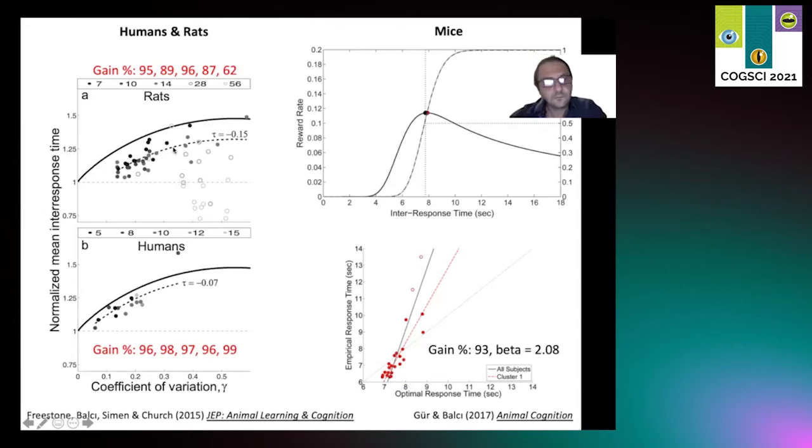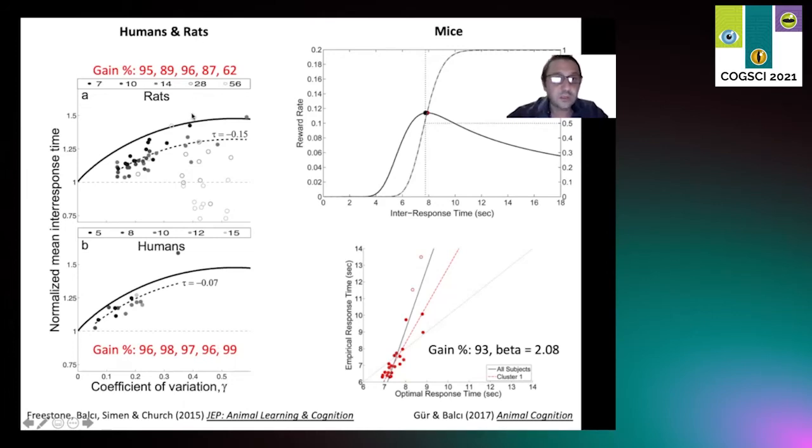You see a similar thing in humans. So in this task, we tested humans with instructions, again with different targets, with different DRL schedules. Individual participants, again, closely follow, with a bias, the optimal performance curve that is defined as a function of the level of timing uncertainty.